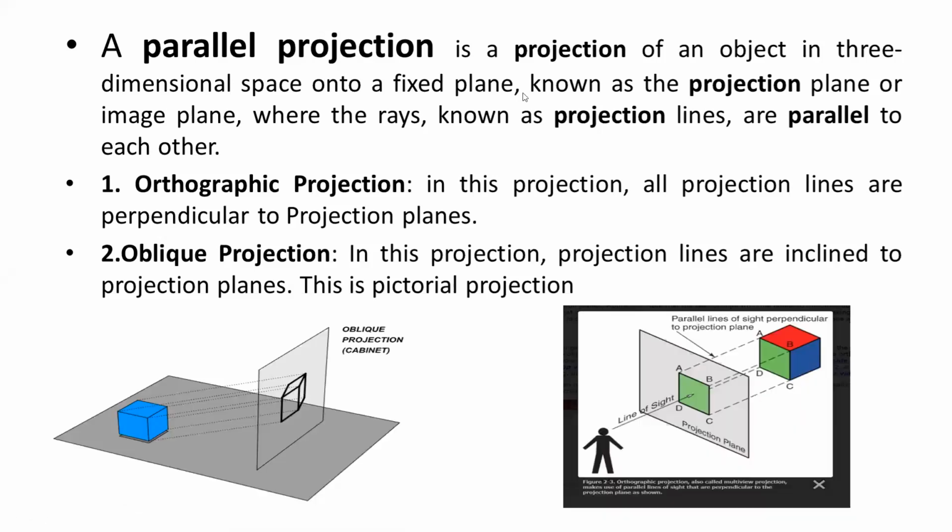So here you can observe the difference between the orthographic projection and the oblique projection. The second image is called orthographic projection.